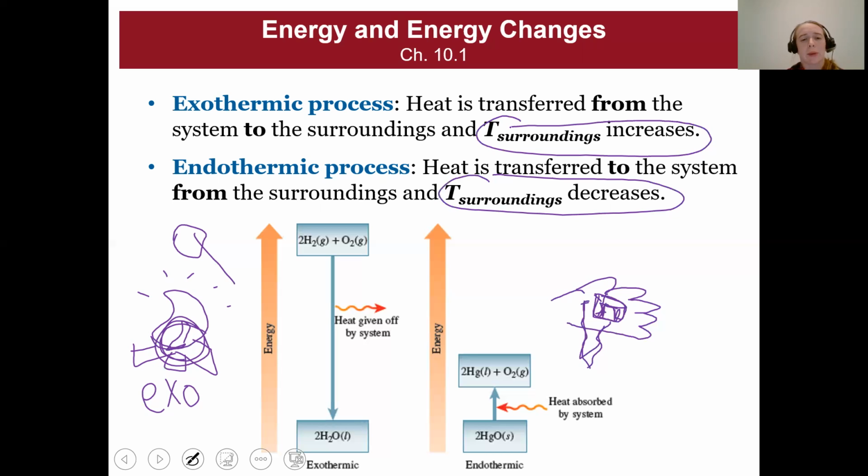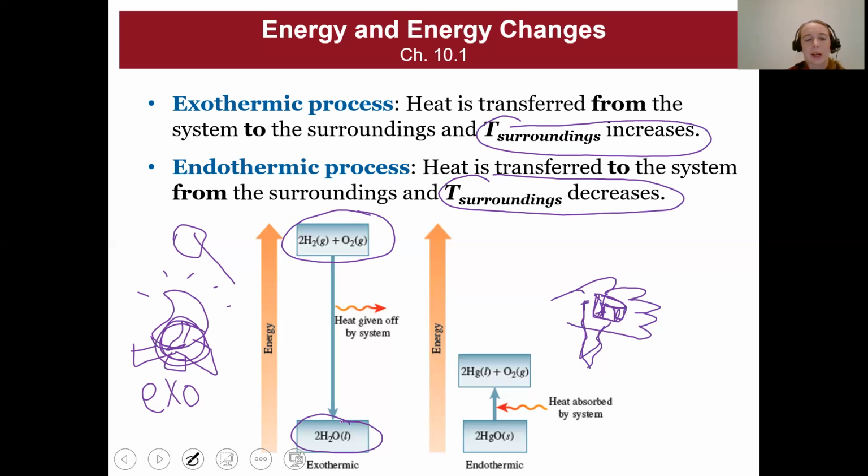If we want to talk about specific chemical reactions, we have a couple here. So this first one that we talked about on the first slide, the combustion of hydrogen gas. We are mixing hydrogen gas, like in our balloon, with oxygen gas in the air when we light it on fire, and we're making some water.